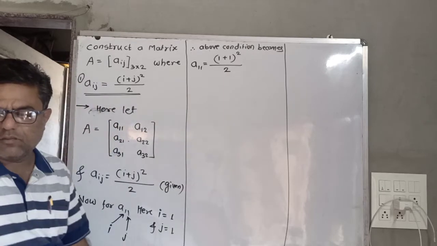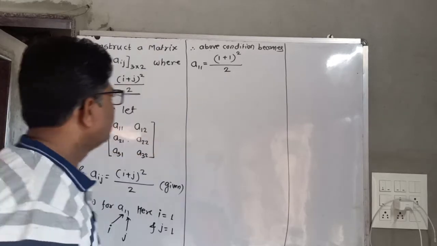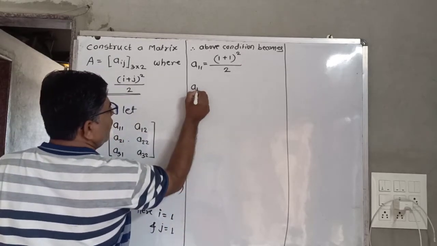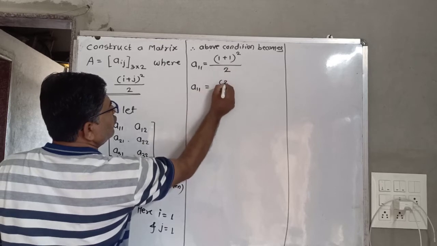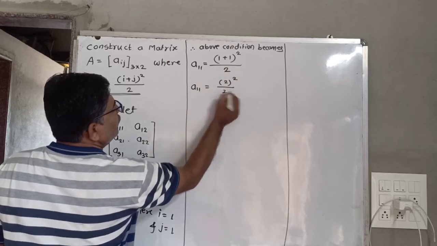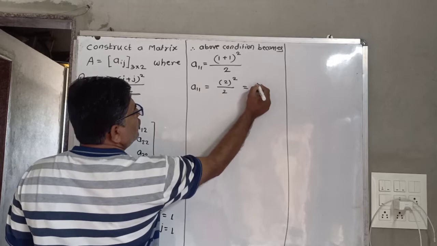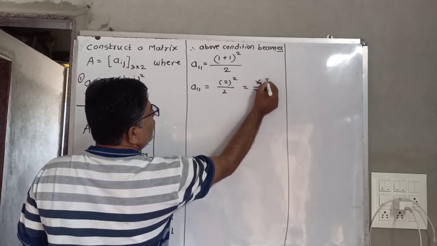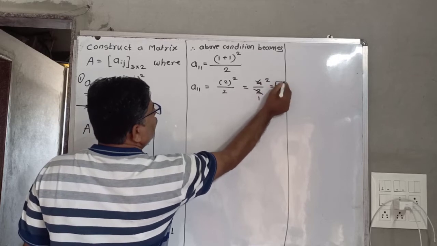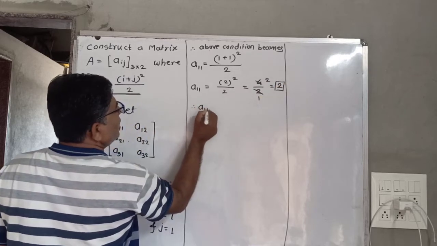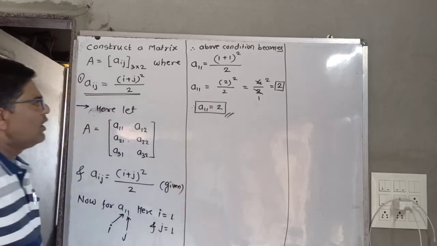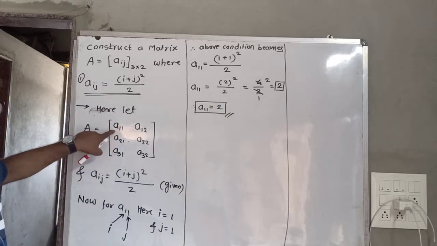Just simplify this now. a11 equal to 1 plus 1 is 2, whole square, divided by 2, equal to 2 twos are 4 divided by 2, which is 2. Therefore the first element a11 is nothing but 2. So the first element is solved.